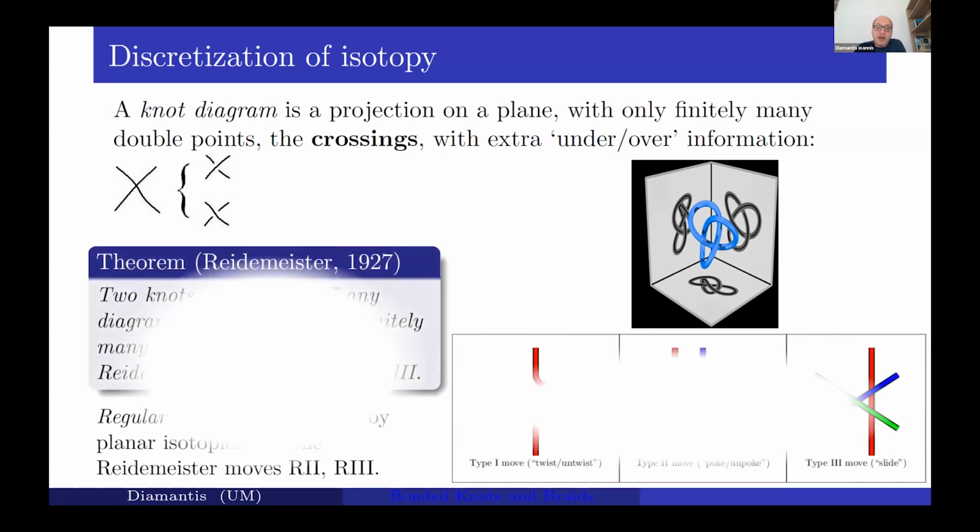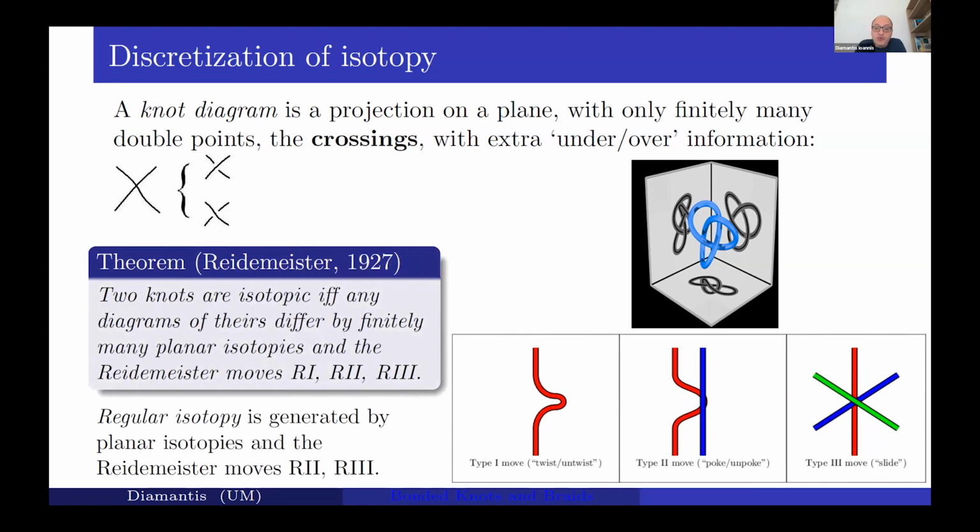This was done by Reidemeister almost 100 years ago, who proved that 2 knots are isotopic if and only if corresponding diagrams of theirs differ by a finite sequence of the following moves. We have the Reidemeister 1 move that you see here, which is a twist, a kink, positive or negative. So you create a positive or a negative crossing here, under-over, positive, negative.